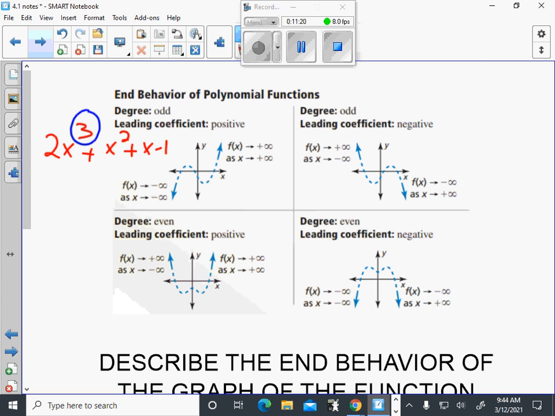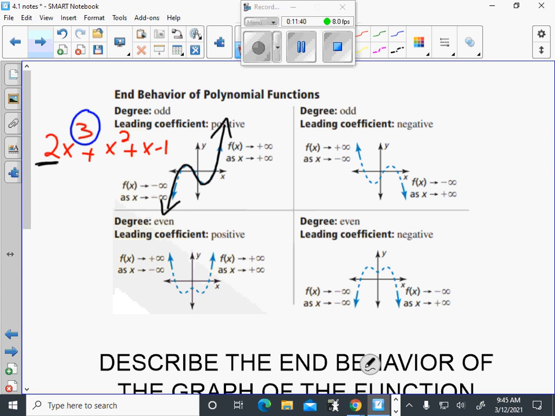And our leading coefficient, what's our leading coefficient? It's this number up front. If we have an odd degree and the leading coefficient is positive, we're going to have something that starts at the bottom left, a couple key points here, and then we're going to go up to the right.